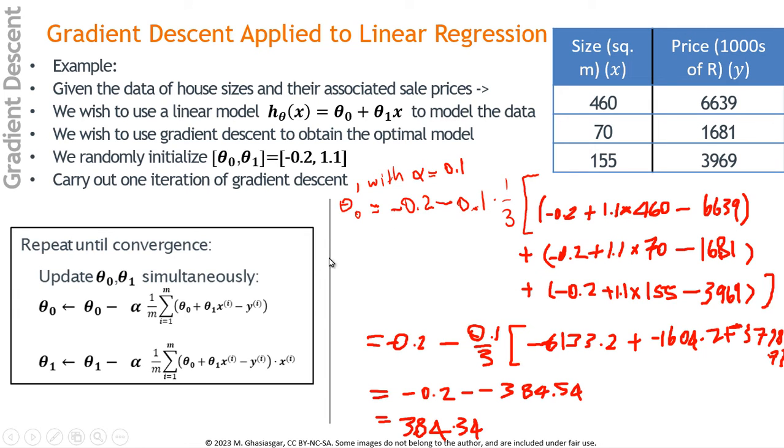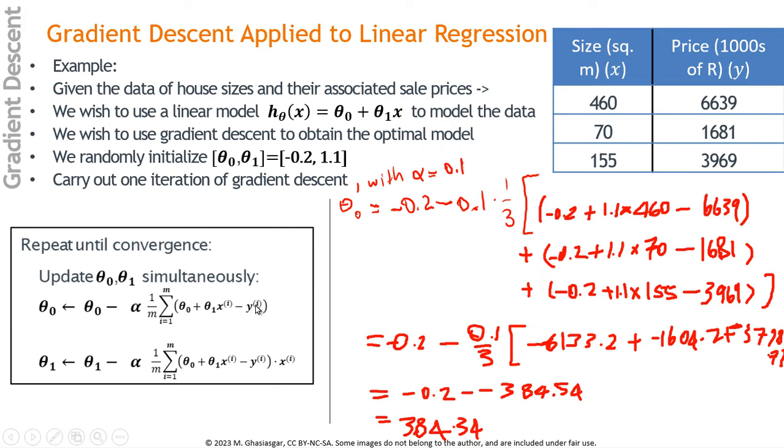First term, I'm going to have my theta 0, which is minus 0.2, plus theta 1 times x1. x1 is 460, and theta 1 was 1.1, so we get 1.1 times 460. And then here we subtract the first y, which is 6639. Okay, that's the first of these 3 terms.